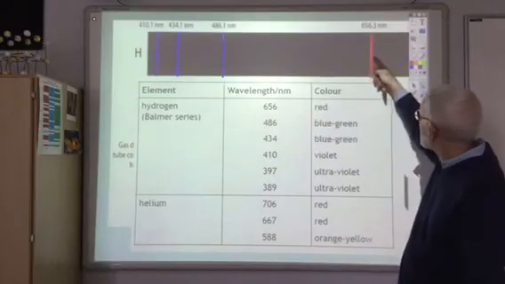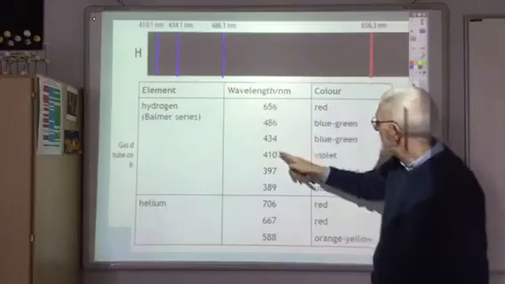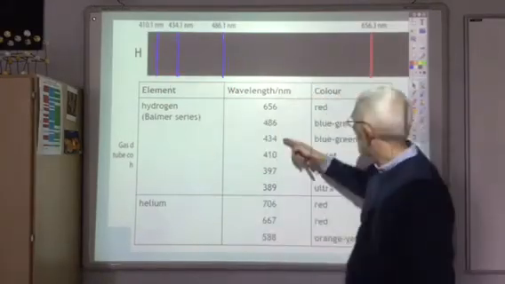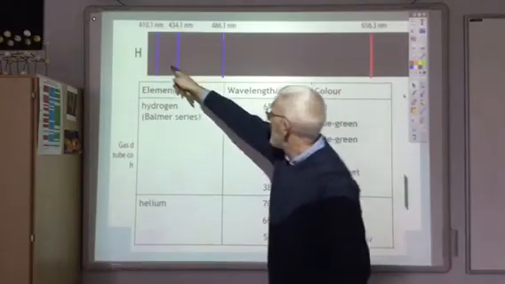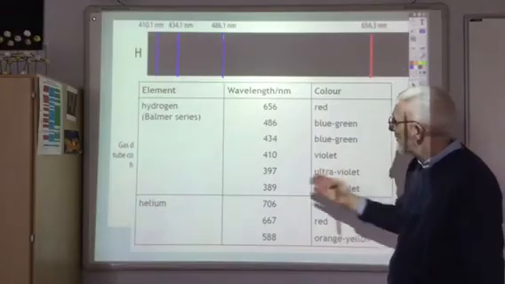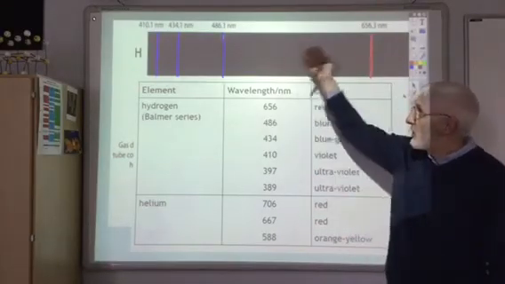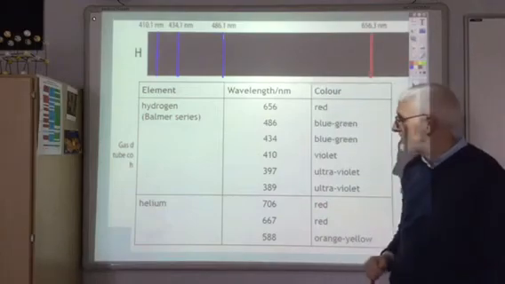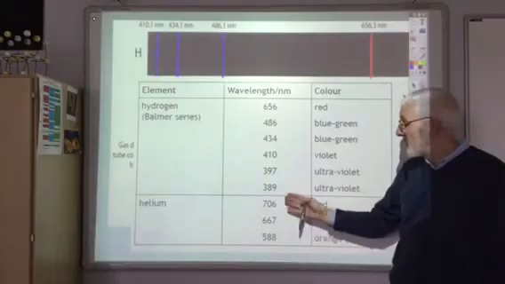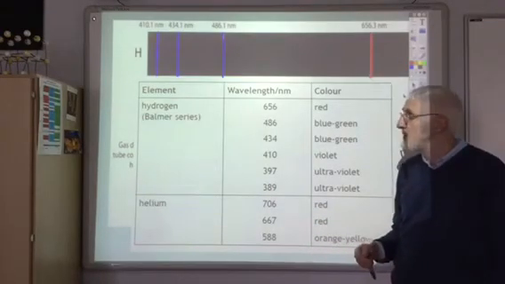So 656, colour red, 486, bluey green, 434 and 410, sort of bluey violet. And it also lists 2 other wavelengths which are in the ultraviolet region, and so not in this picture, which is just showing the visible region.